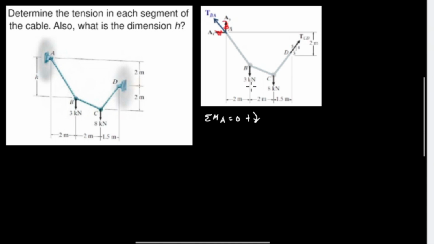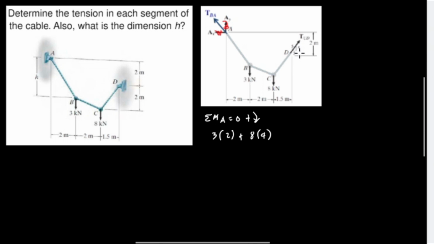At point B, we have 3 kilonewton, and we multiply by the distance 2 meters from B to A, which is 3 times 2, and the direction about A is clockwise, so that's positive. At point C, we have 8 kilonewton, and the direction is also positive, and the distance is 2 plus 2 or 4 meters. So plus 8 kilonewton times 4 meters.